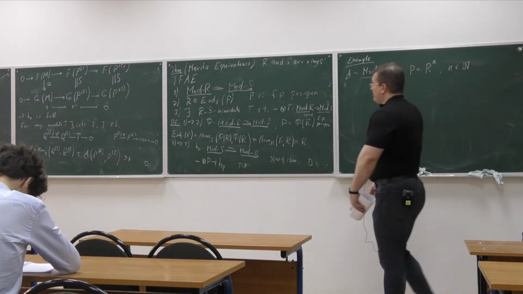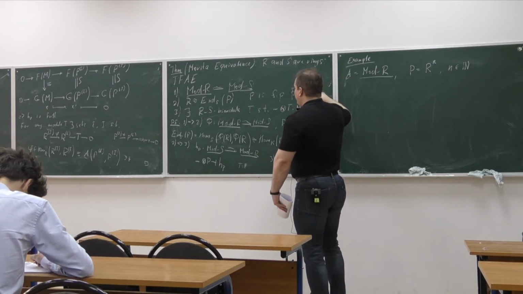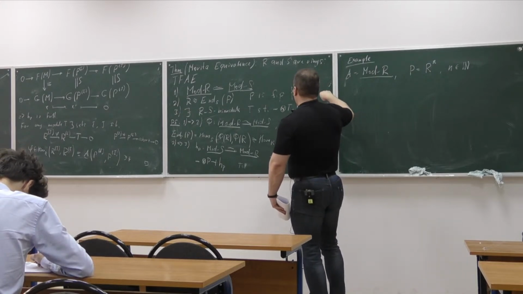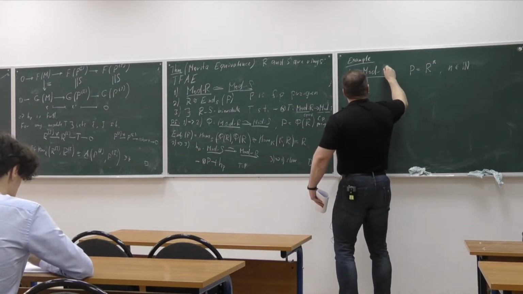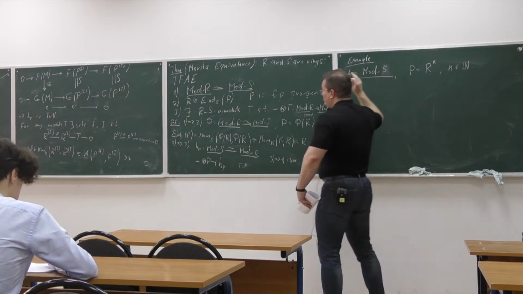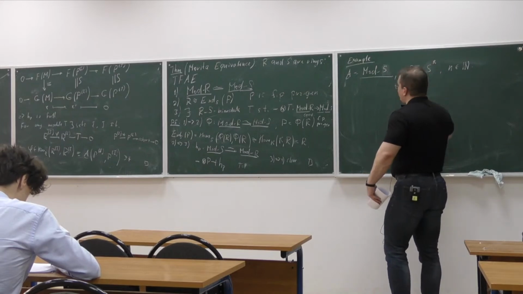But if you just look at condition 2, you get the following. To use the same notation as in the theorem, let's call this S, and this is also S to the n.